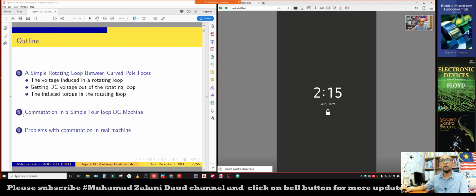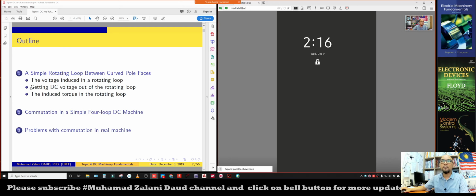And then section 4.2, we are going to explore more on the commutation in a simple four-loop DC machine. So as you can see, this is a four-loop DC machine, meaning that it has four wire loops in that DC machine. That is the most basic construction of the DC machine, which should have at least four wire loops.